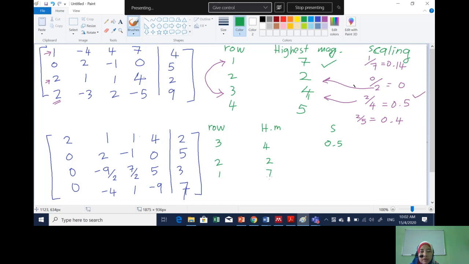So this is 1 and 7, and the other is unchanged with the same scaling of 0.5. So this is 0, this is 0.14, and this is 0.4. I'm going to write it down again using another color, the one that I updated here.